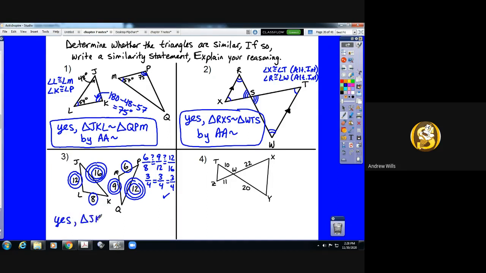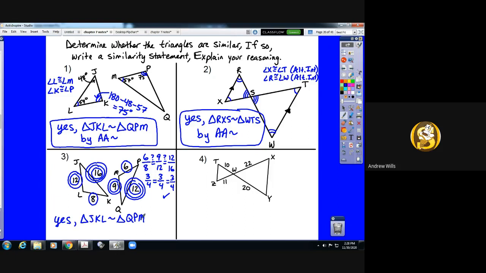Triangle JKL is similar to triangle. This is probably the hardest part in the whole thing, is getting the name right here. So when we say JKL, JK is the biggest side. So we need to put QP and then M. And if you look, that's probably the hardest part, is figuring out the order there. J has the 2 circle and the 3 circle on either side of the angle.